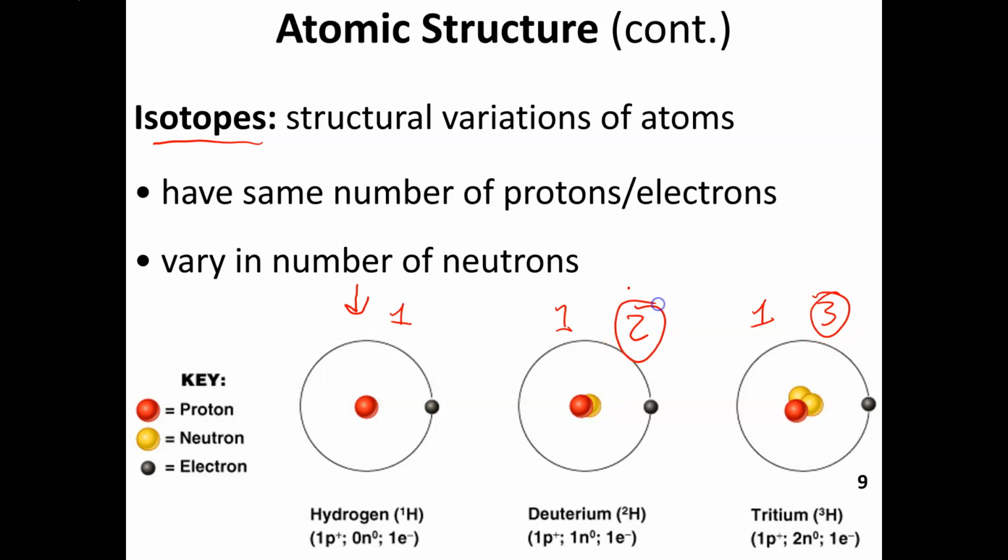So the masses change. Do you see that? Deuterium is what makes up heavy or hard water. If you've ever heard of hard or heavy water, that's what deuterium makes up. It's actually D2O. Tritium is a radioactive form.